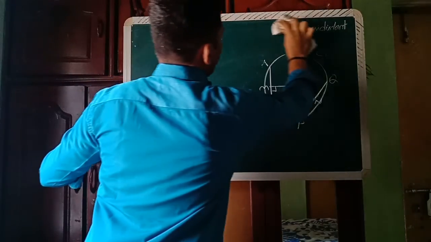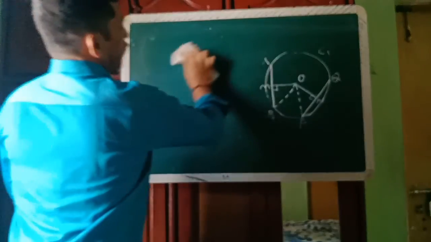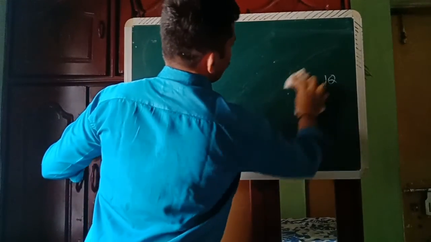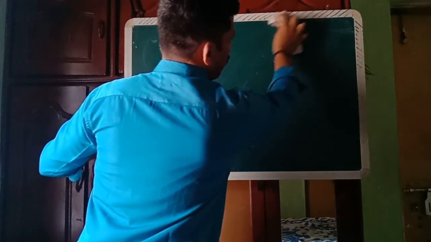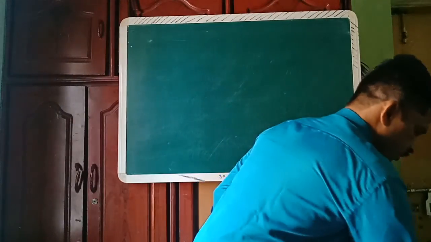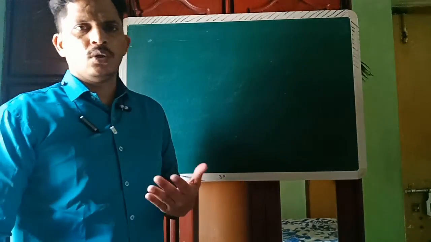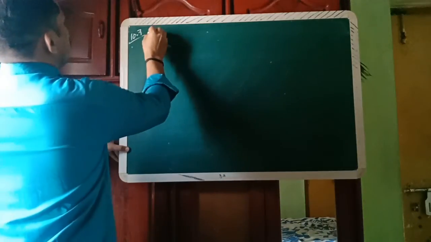Next, 10.7 theorem. 10.7 theorem is nothing but the converse of 10.6. Now they gave that perpendicular distances are equal. How to show chords are equal? So what is the 10.7 theorem?